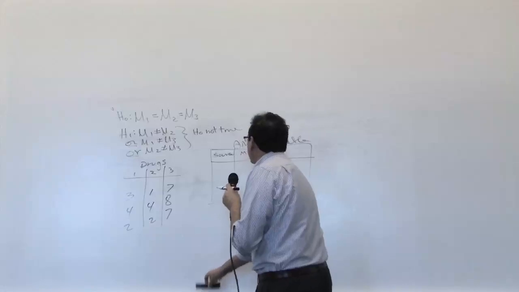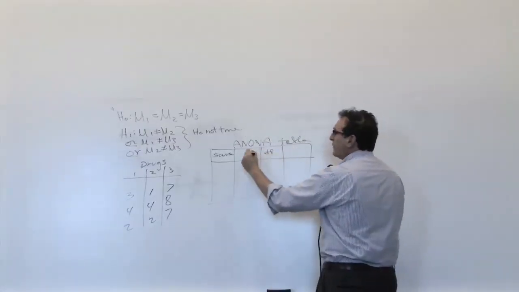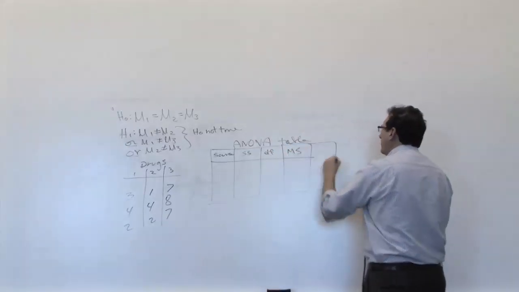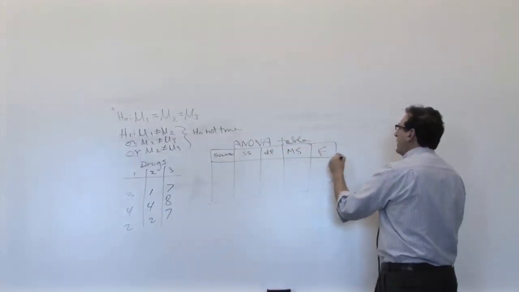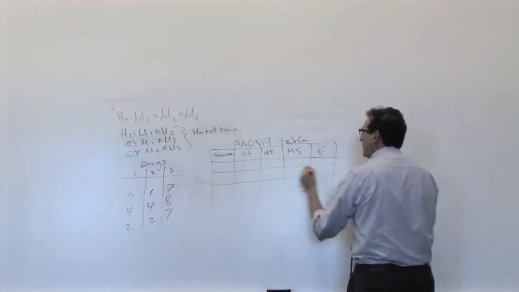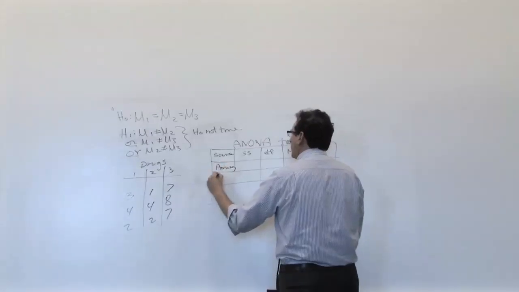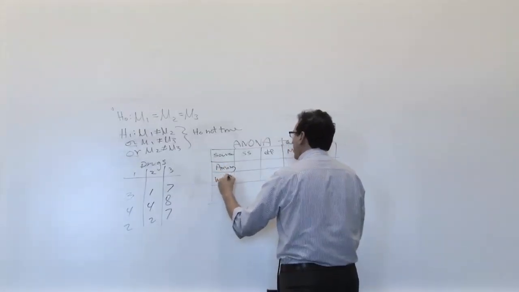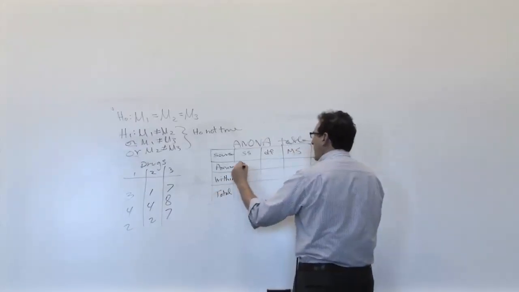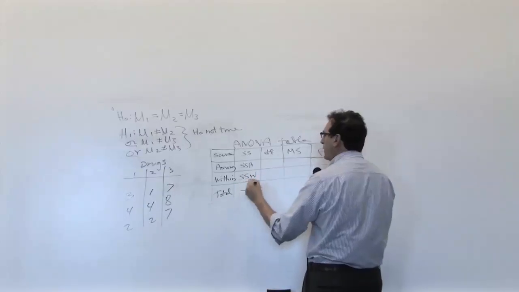The first thing was the SS. A lot of books put the DF first, but then comes the MS, and finally there was another column called the F, and there were rows to the table called the MSA, or this was the among. This was the within. This was the total. This was the SSA, the SSW, the SS total we never bothered calculating.